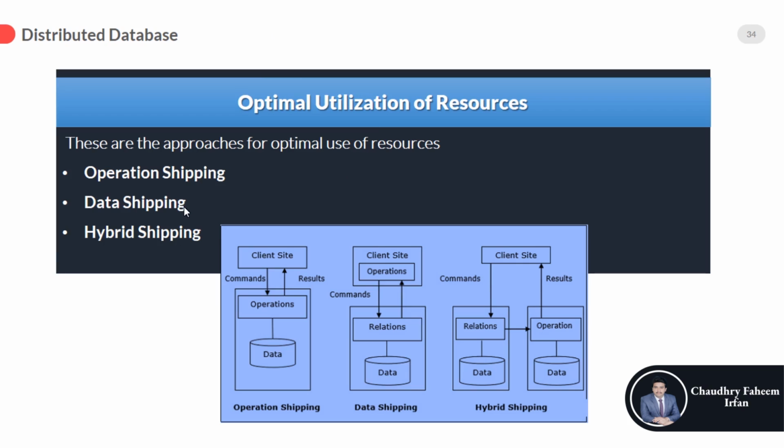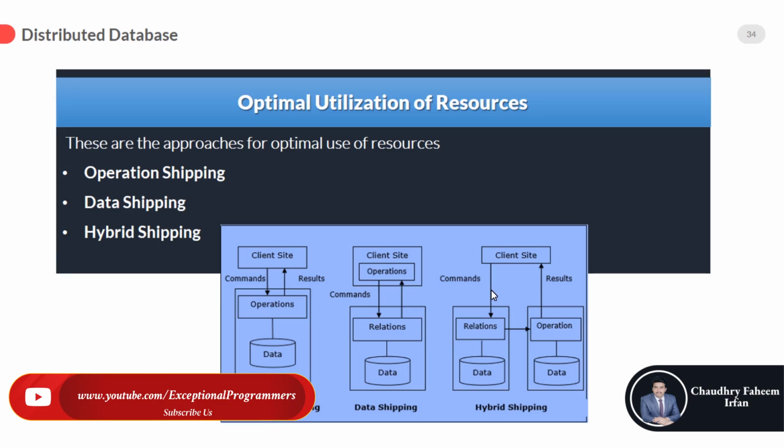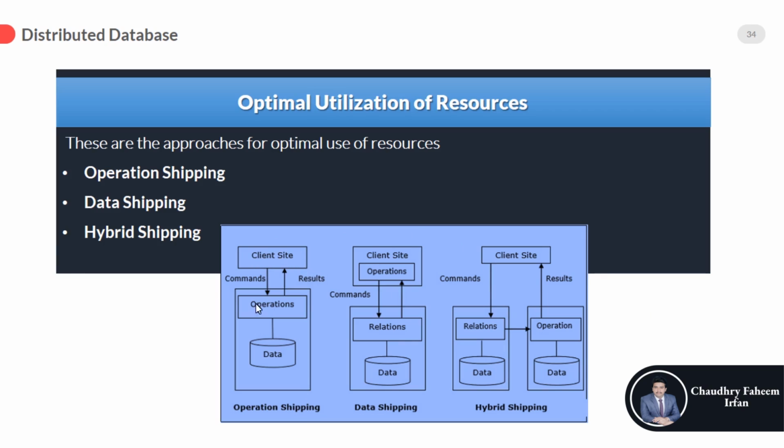First of all, operation shipping. This is appropriate in systems where the communication costs are low and local processes are much slower than the client server. We assume that our local processor, which is the client side, is very slow and our server side is fast due to more powerful computers.